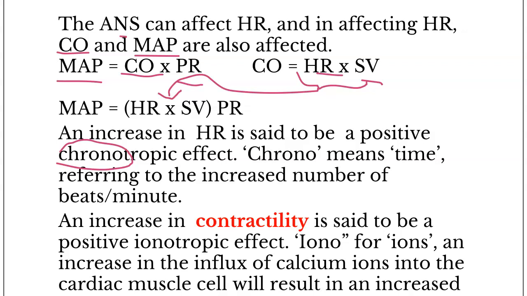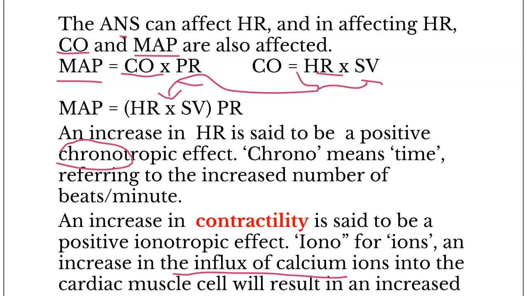Ino is for ions, because in order to increase the force of contraction, there has to be an increase in the influx of calcium ions into the cardiac muscle. And that's what's going to result in an increased force of contraction.